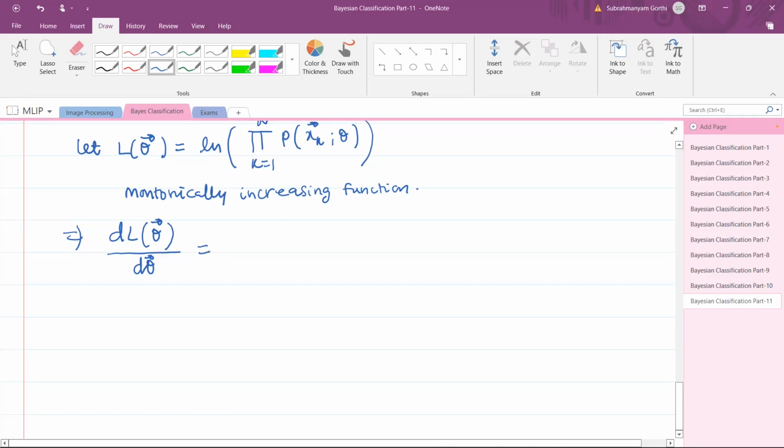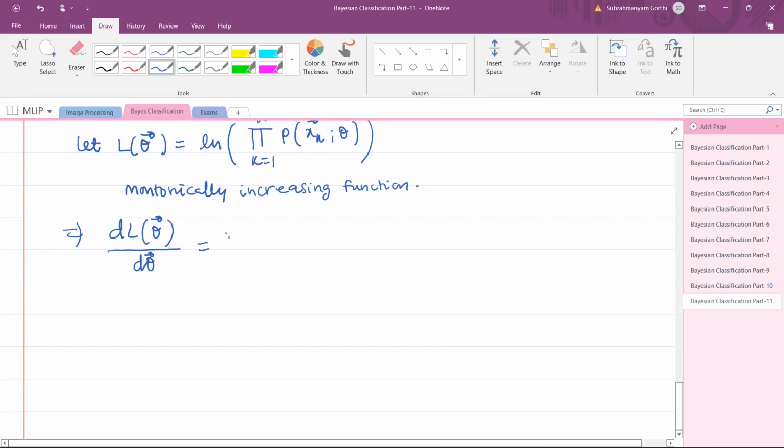What would happen to multiplications when you take a logarithm there? Multiplications would become summations, correct. You have seen it in enough examples by this time. So this would become the sum over k equal to 1 to n of ∂/∂θ of probability of x_k bar comma theta.